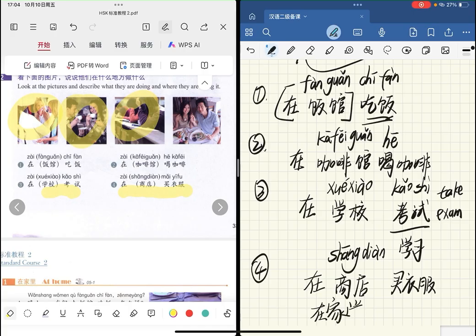Study 学习. Study the Chinese language, right? 在家学习汉语. So now you are studying Chinese at home, right? So you can say 我在家学习汉语. You can say this. 我在家学习汉语.